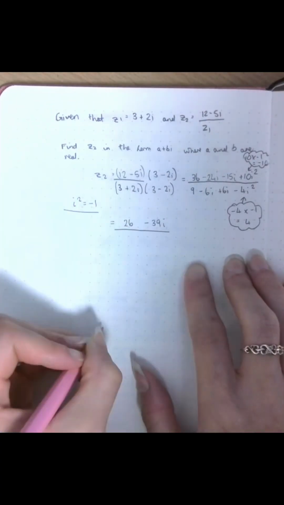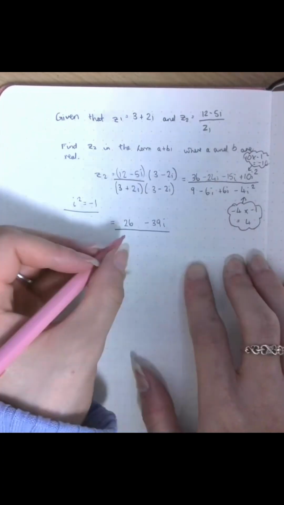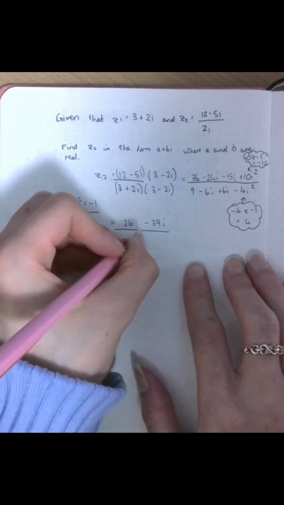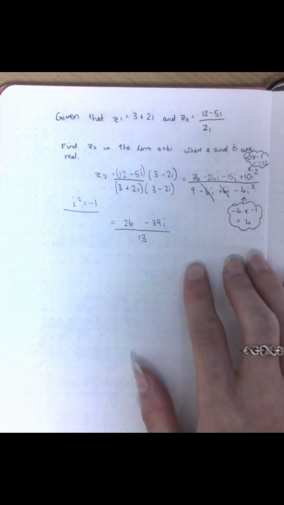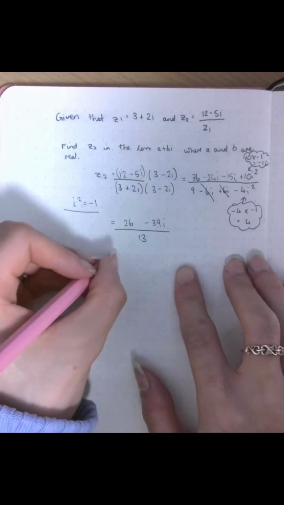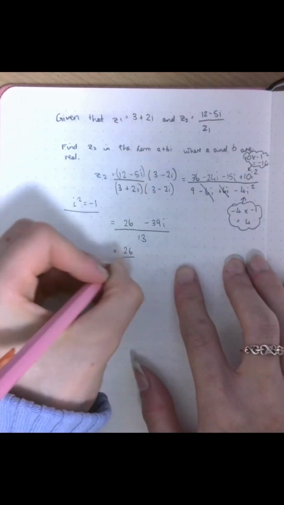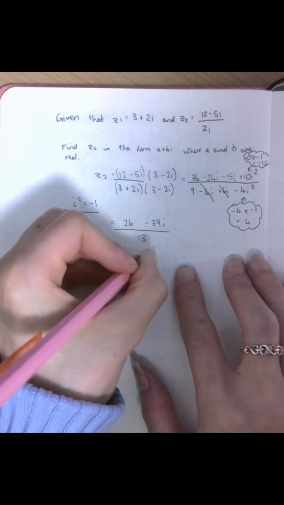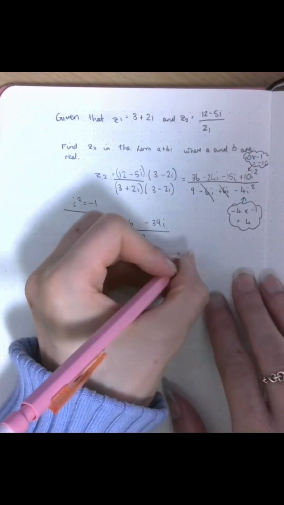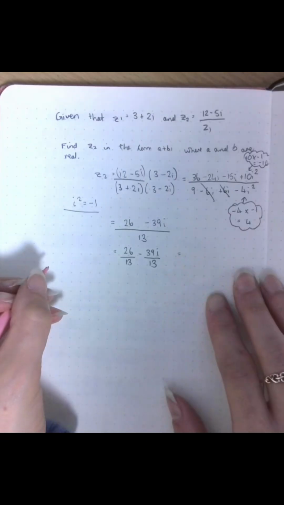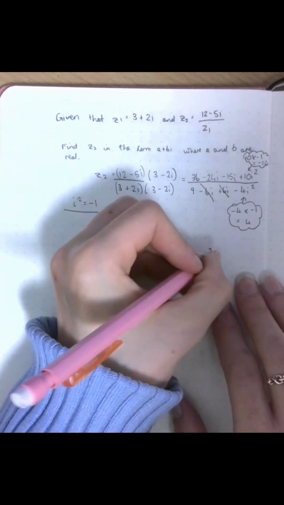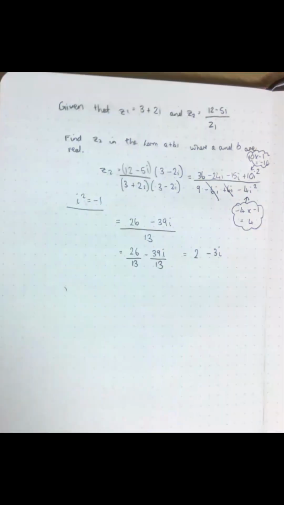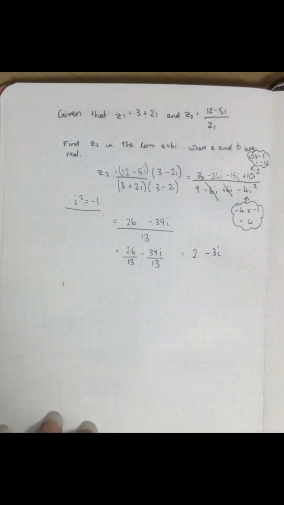And then on the bottom, we have a 9 plus a 4, which is 13. And then the 6i and the minus 6i will cancel out, so we end up with that. So then let's write that out as 26 over 13 minus 39i over 13. That will become 2 minus 3i. And we have written it in the form a plus bi.